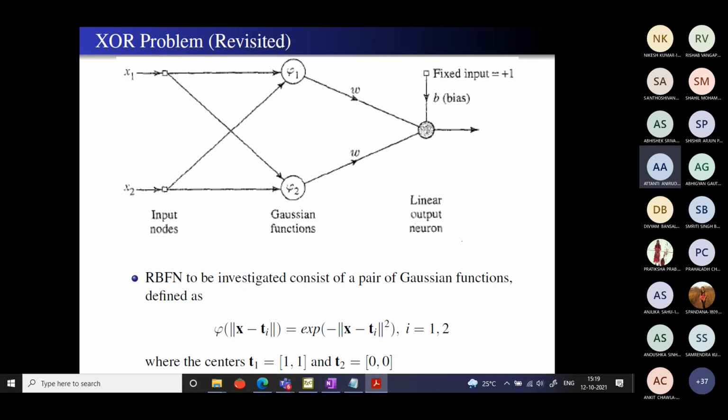Whatever the data is, you apply K-means clustering, find the clusters, and find the centroids. Those centroids will be the centers of the hidden space neurons, and then you map it. Later, you apply the recursive least square approach to find the weights for the output layer. So this is how you do it.